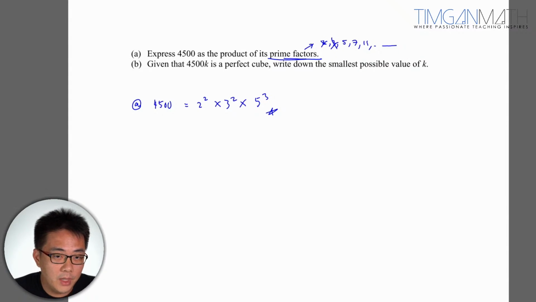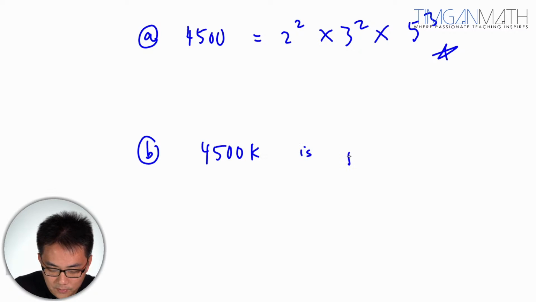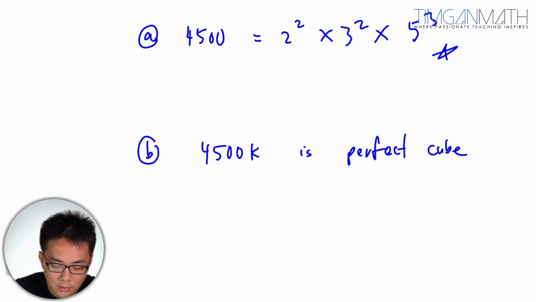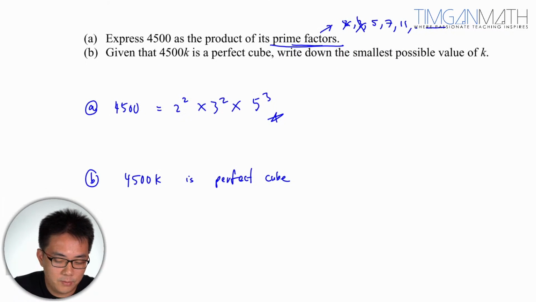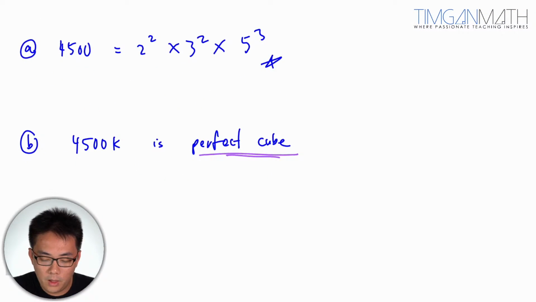After which you have part B, which is, given that 450k is a perfect cube. So this is the interesting bit. Alright, so 450k is a perfect cube. Now you're told to find the smallest possible value of k. So we ask ourselves, what is a perfect cube?